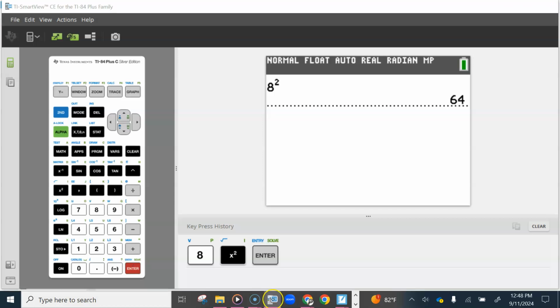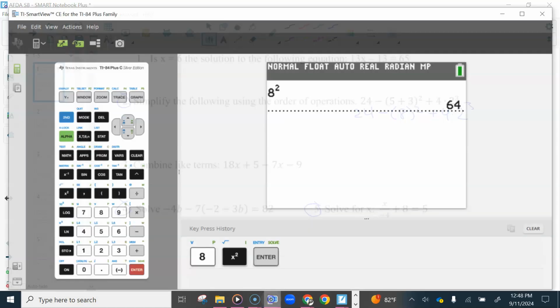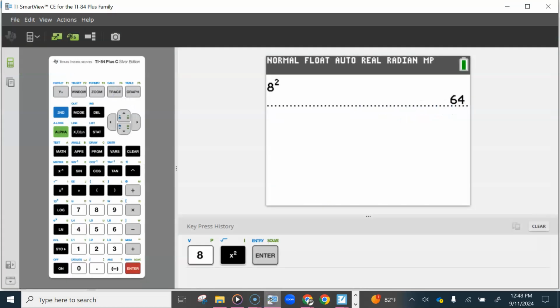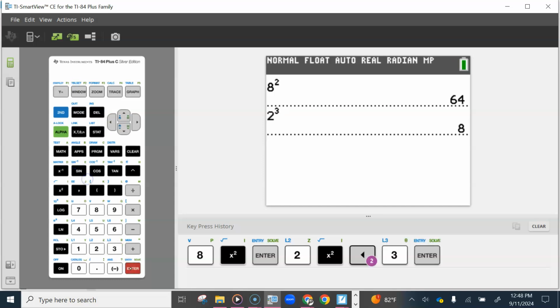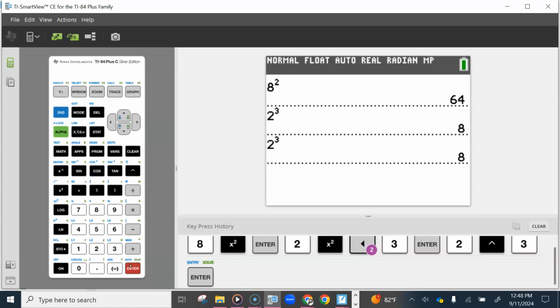And then for the other one, to the third, you can do the same thing. It's 2. So I can do 2 squared, but then go to the left and change it to 3. Or you can do 2 and use this little arrow up, and it'll put it up there. So either or.